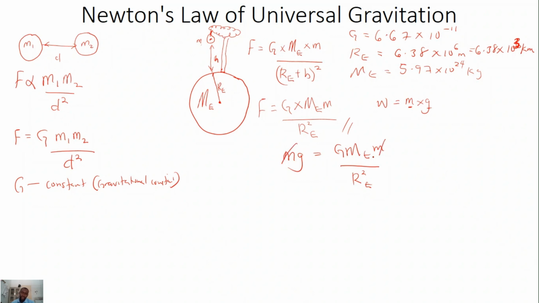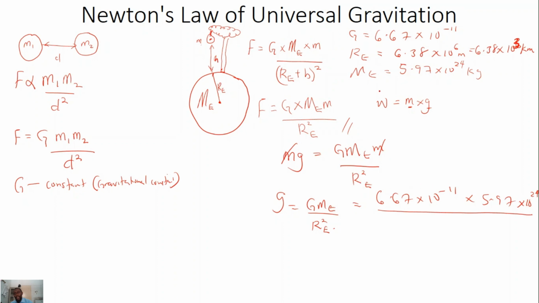This m will cancel this m. So therefore, we have g is equal to G ME divided by RE squared. And if we input these values, let's see what we'll get. G is known to be 6.67 times 10 raised to power minus 11, and the mass of the earth is known to be 5.97 times 10 raised to power 24, all over the radius of the earth squared, which is 6.38 times 10 raised to power 6.